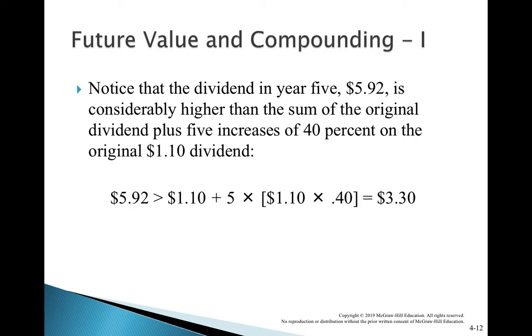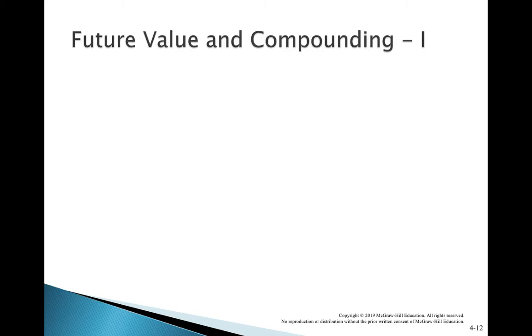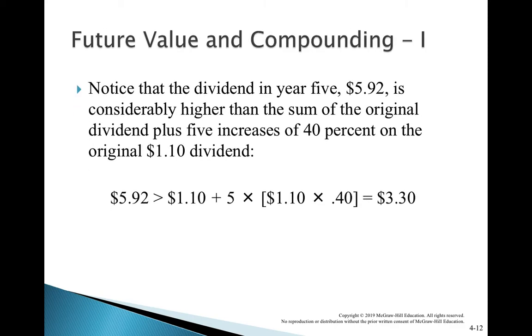But as per the future value function, the dividend in the 5th year will be 5.92, which is much higher than 3.30. Why is that? This 3.30 is simple interest: 1.10 multiplied by 40% is the yearly growth, multiplied by 5, plus the original principal, gives 3.3. But we are not doing simple interest.